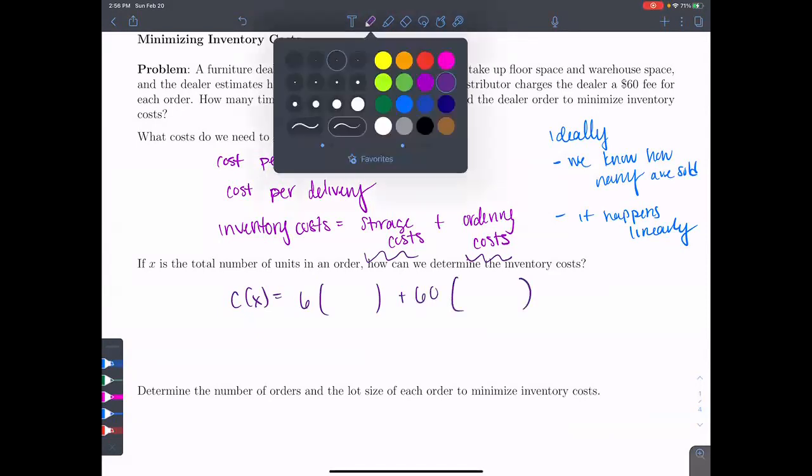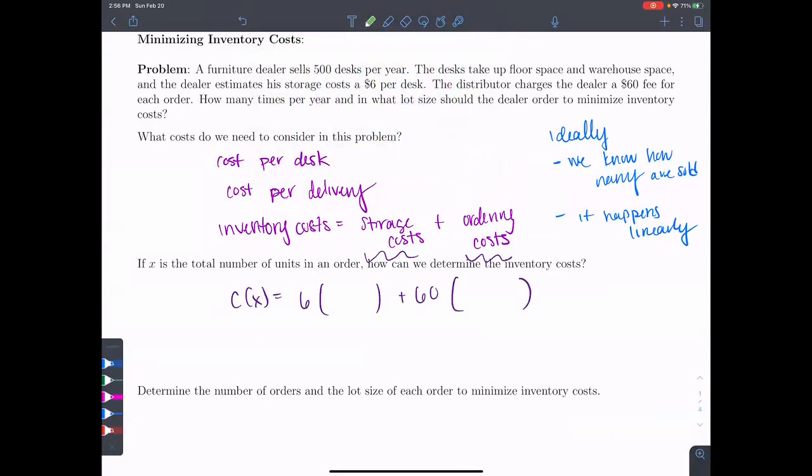So this is the number of desks in storage, and this is the number of orders. Those are not both some variable X, but they're related to X.